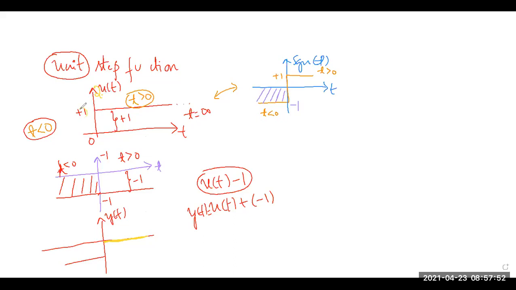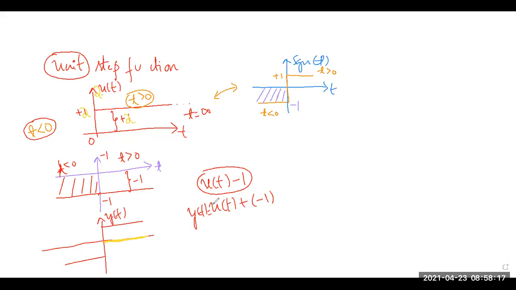Its amplitude changes to 2. Now let's add these two signals. What is the amplitude here? It is 2, so 2 minus 1 is plus 1. And in fact we end up with our desired signal, the signum function.